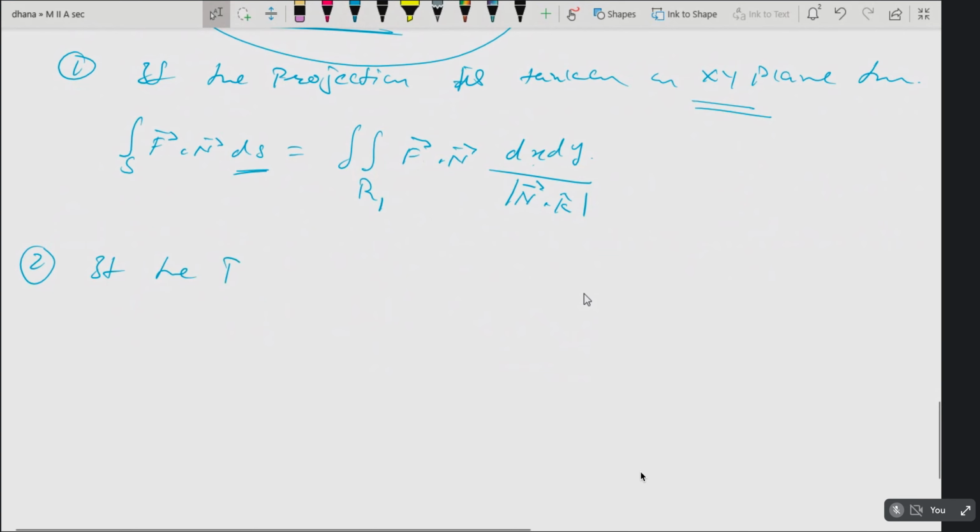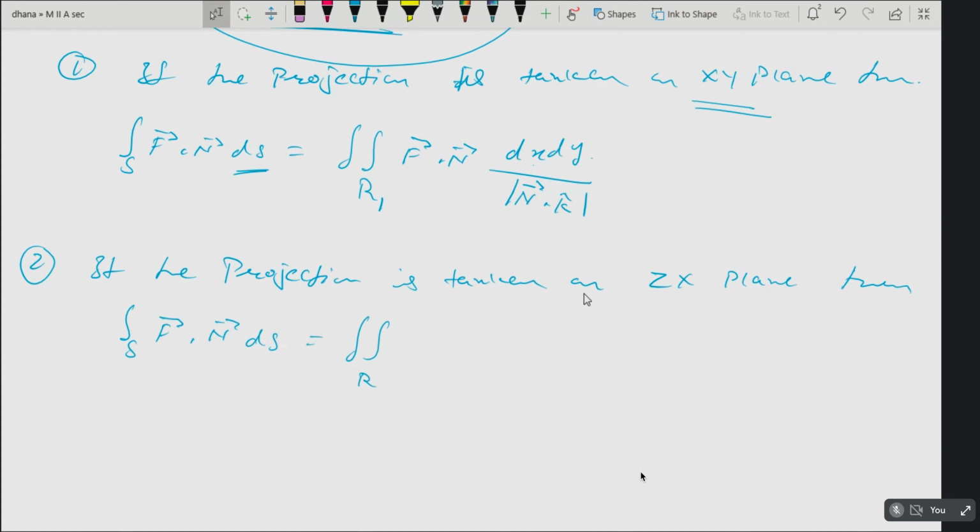If the projection is taken on the zx plane, then the surface integral f bar dot n bar ds will be equal to some region in the zx plane of f bar dot n bar dx dz. So what is your ds now?